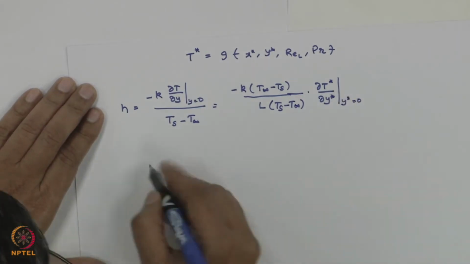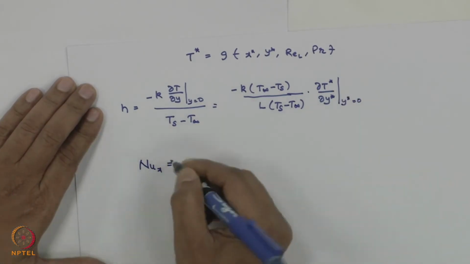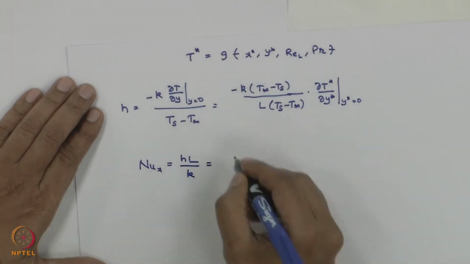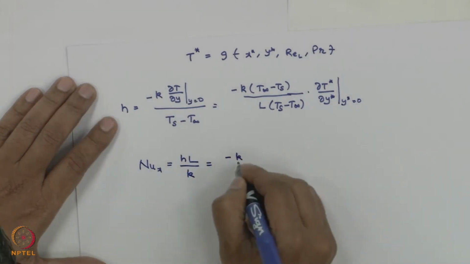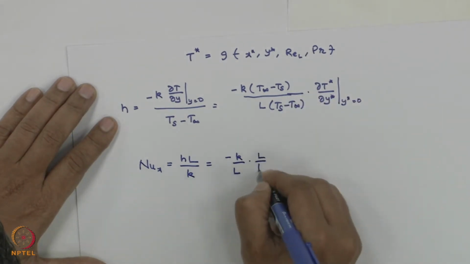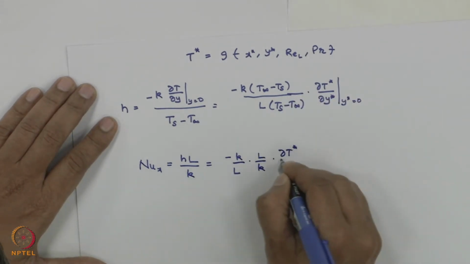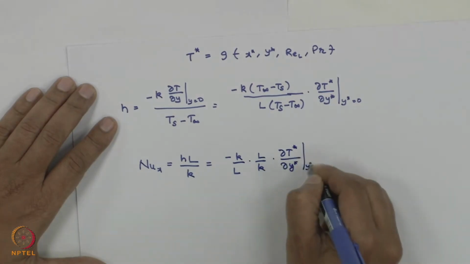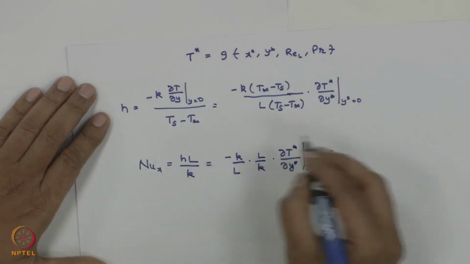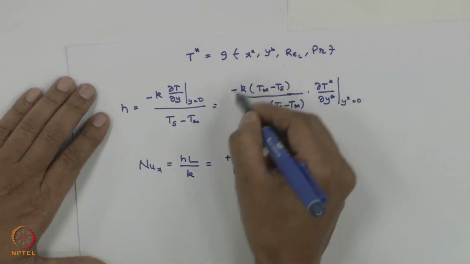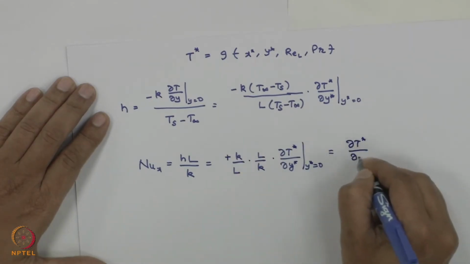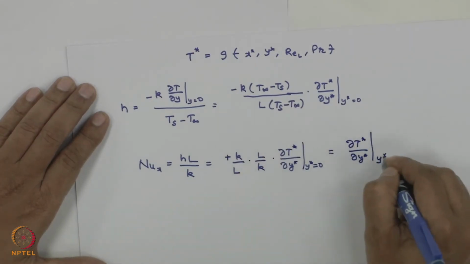So, now I can write Nux equal to HL by K. If I substitute this H here, minus K by T infinity minus Ts is gone, minus K by L into L by K into del T star by del Y star at Y star equal to 0. This minus has vanished because of Ts minus T infinity. So, you have del T star by del Y star at Y star equal to 0.